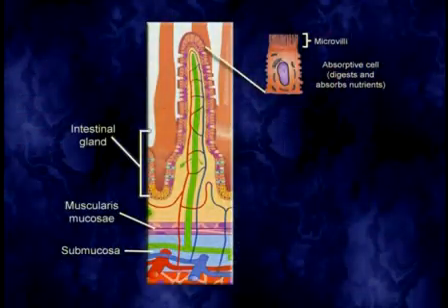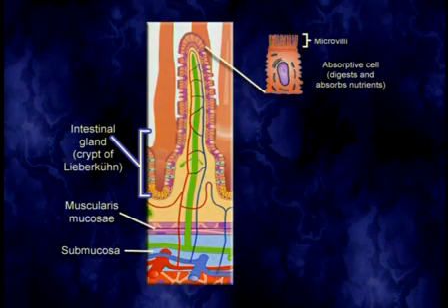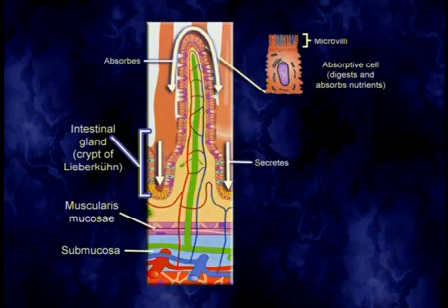Also, there are glands located down here. If you look right in this area, these are called the crypts of Lieberkühn. Down in the bottom, you have little pits, and they have other cells within them because these cells are going to secrete a lot of intestinal juices. The ones up here are doing the absorption. The absorptive cells here with the microvilli are for bringing in the molecules of nutrients.